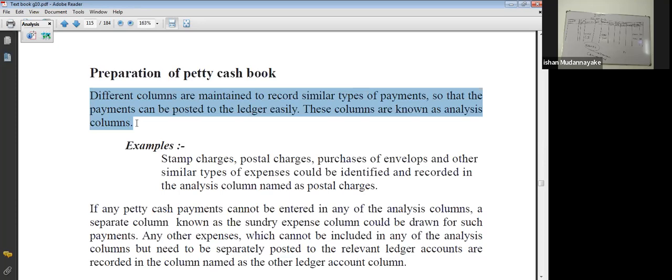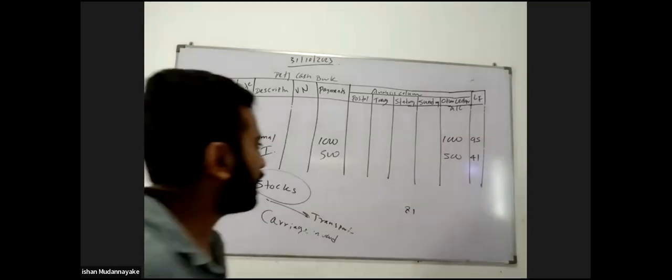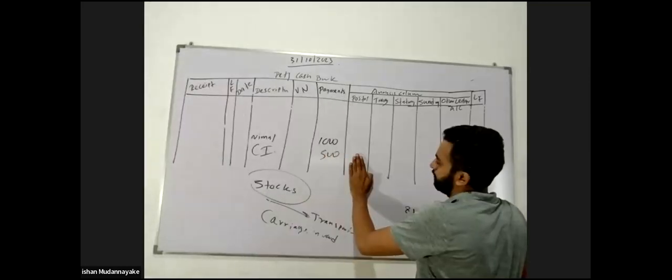Different columns are maintained to record similar types of payments. Lamai, expenses related to postal expenses, we record in the postal account. Expenses related to traveling, we record in the traveling line. Similar types of cash flows we record under a common category.